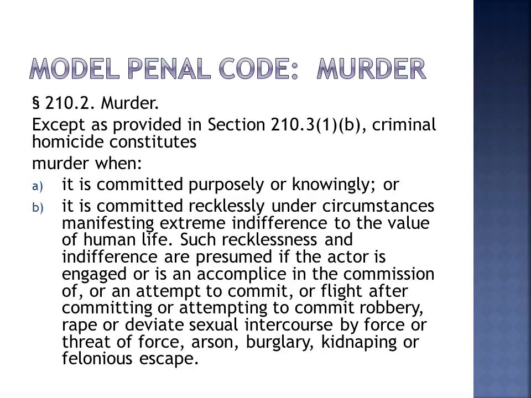So if you were engaged in any of those specific offenses, so not all felonies, but just the listed ones, if you were engaged in those in any way, and a death occurred, even if you never meant for anyone to die, you are now guilty of murder.